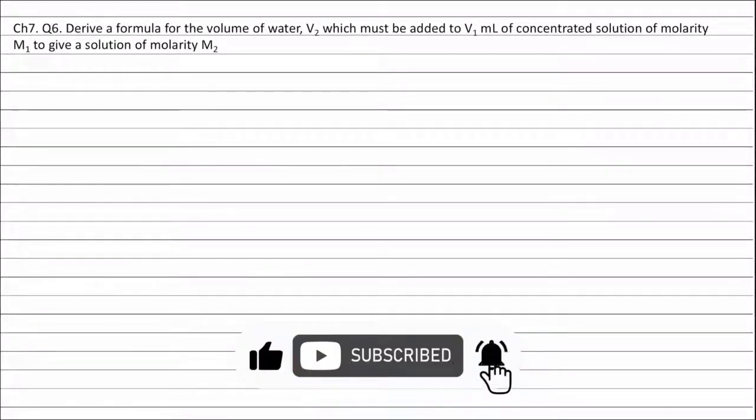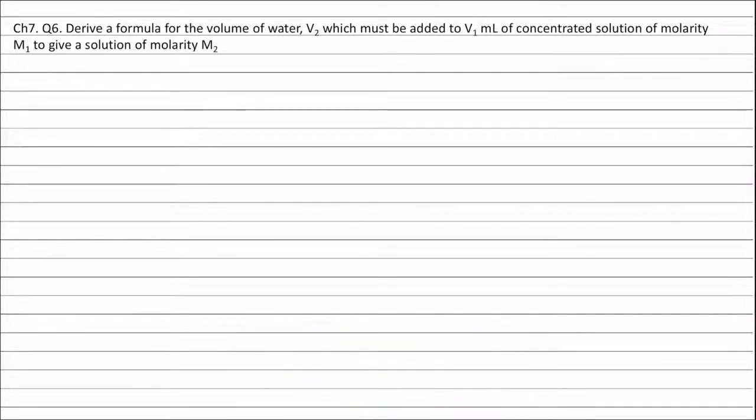Question 6. Derive a formula for the volume of water V2 which must be added to V1 milliliter of concentrated solution of molarity M1 to give a solution of molarity M2. Volume of water is V2.